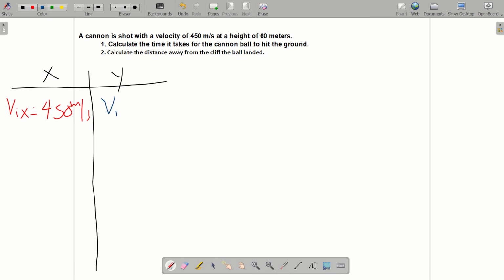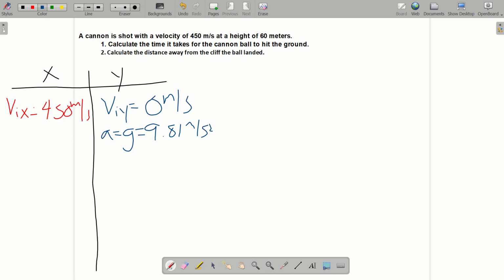The cannonball is not shooting downwards, therefore all of the initial velocity is in the x direction, and there's none in the y direction. The cannonball is falling because of gravity, so that means our acceleration is going to be gravity, which is 9.81 meters per second squared.